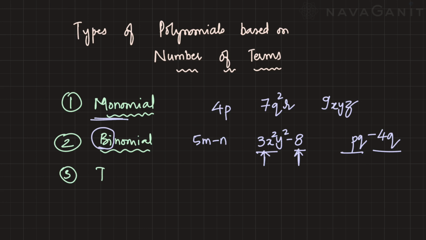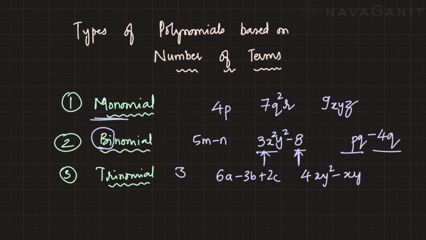Next we have a trinomial. Now as you can guess, this will have three terms. For example, 6a minus 3b plus 2c is a trinomial. Similarly, 4xy squared minus xy plus 7 is again a trinomial.